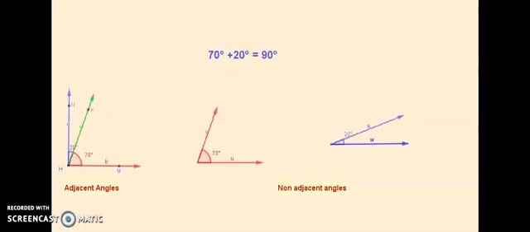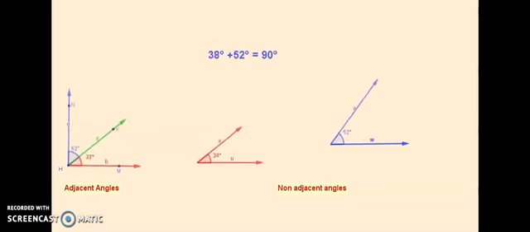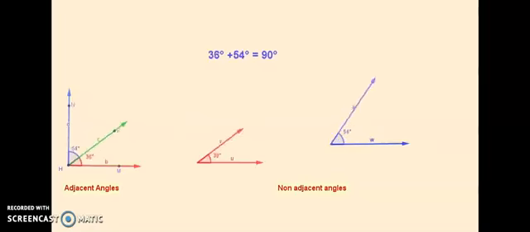When the common arm is moving, you can see the change in the measure of the angles. Just observe the sum of the angles in both the cases. Here the total happens to be 90 degrees.